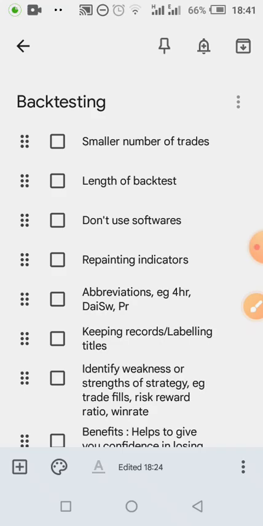Because some strategies, even those which may not be traded on very small time frames, but even on a 5-minute time frame, price can quickly move in your favor, and you might not be able to get your entry filled by the time you would have calculated your stop loss and your take profit.